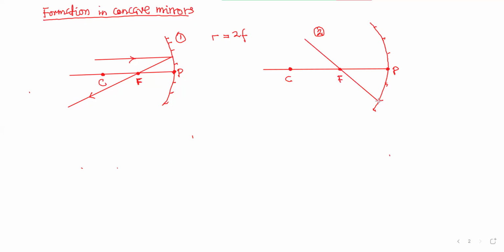The reflected ray must be parallel to the principal axis. Incident, reflection. Class, are you following? Are we there? Yes, please. Okay, so 3. The third rule.